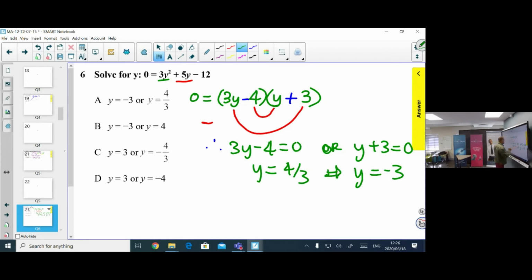So that saves the day, and we get our solution, which is on A.